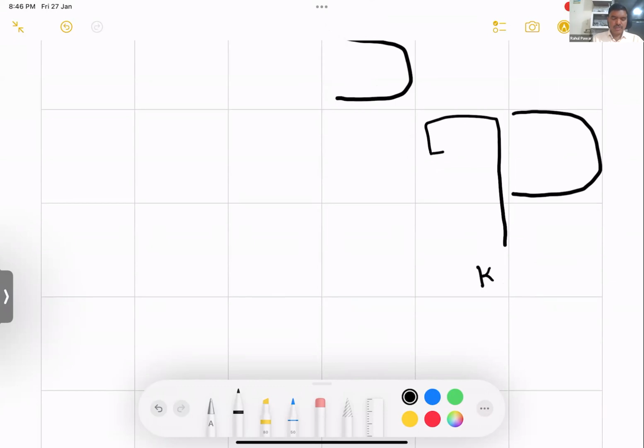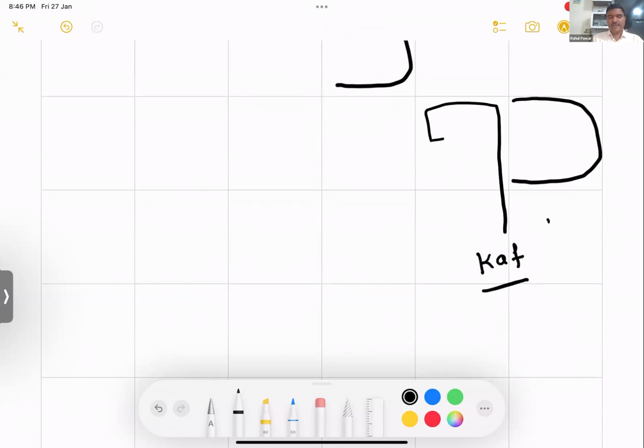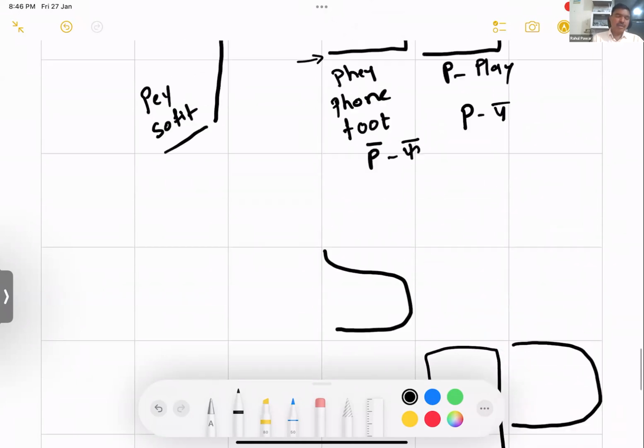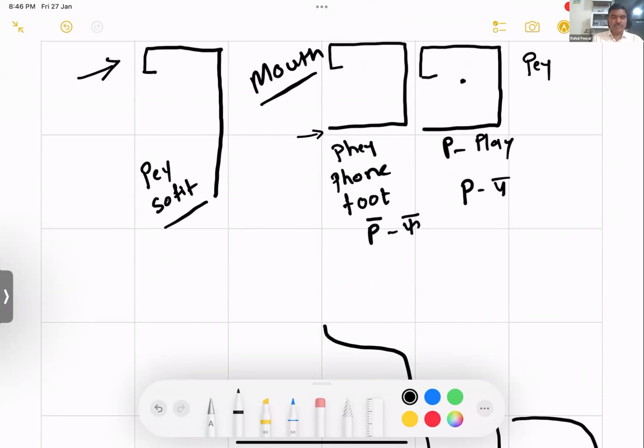The word is read as Kaf. That means hand. Or it is also written as Kaph. So at the end, it gives an F sound or PH sound.